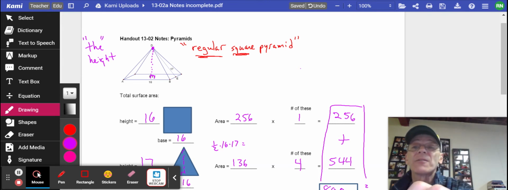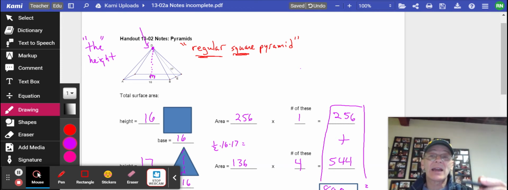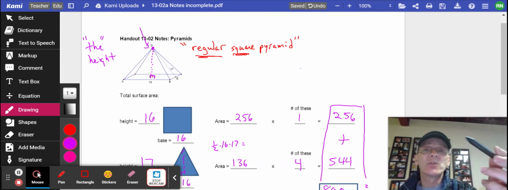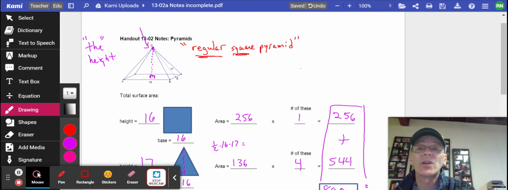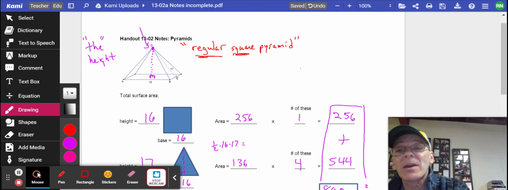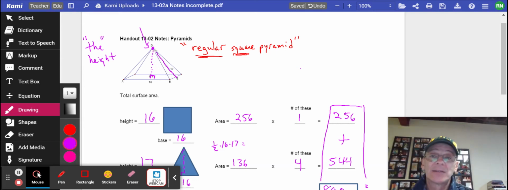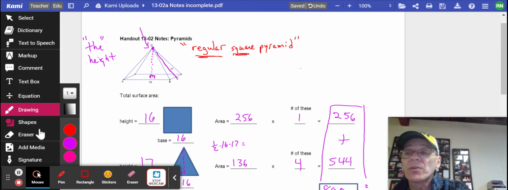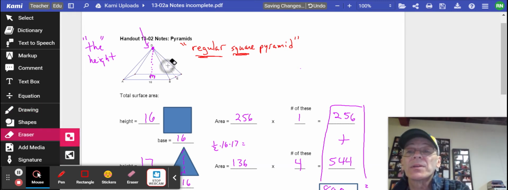Like, what is the elevation of this point on the pyramid? Is it 1,000 feet high? Is it 2,000 feet high? How would you measure that altitude or elevation? You wouldn't measure it by taking a tape measure and measuring up the side of the pyramid like that, right? So this distance is called the height of the pyramid.